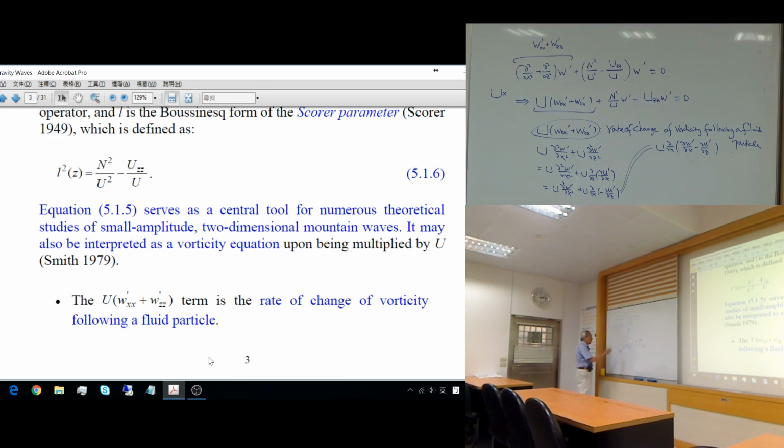So let's say, negative partial w partial x will be equal to the y vorticity. So this is y vorticity.